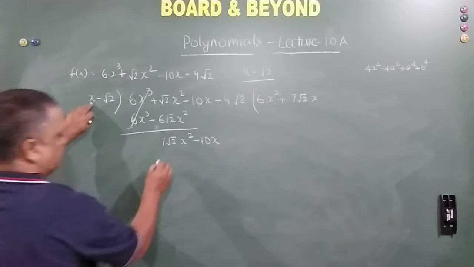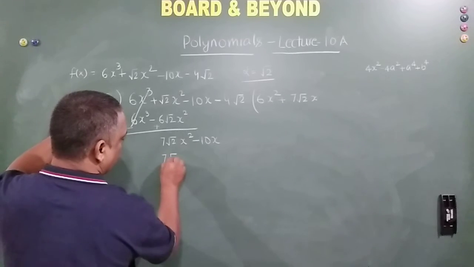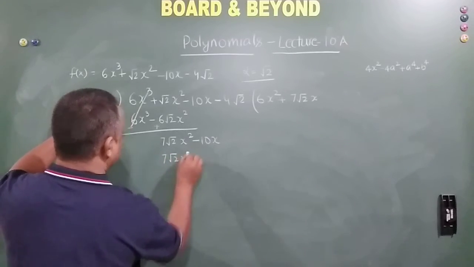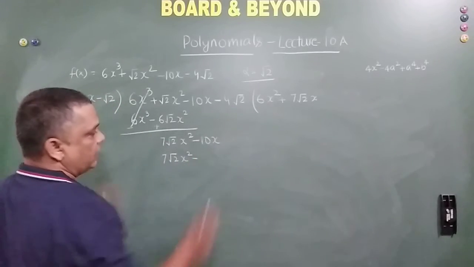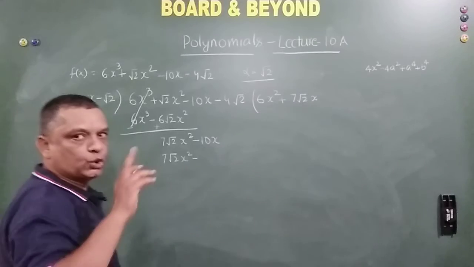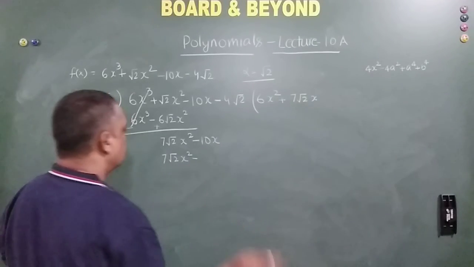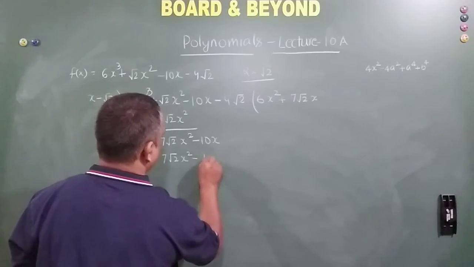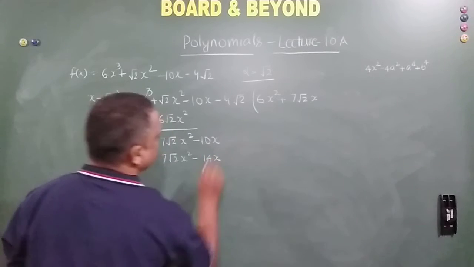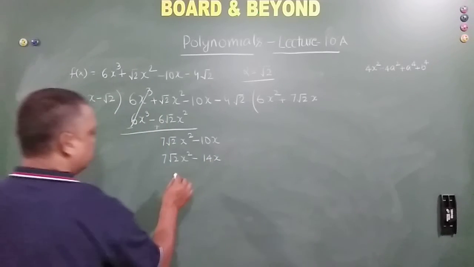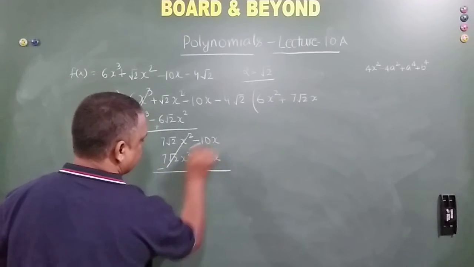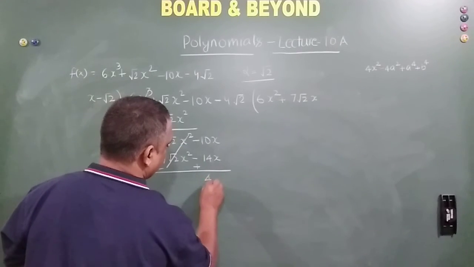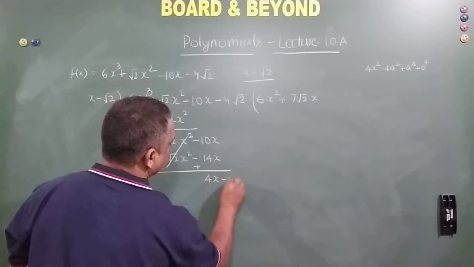So this leaves me with 7 root 2 x square minus 7 root 2 into root 2, which is 7 into 2, that is 14. So minus 14x. Minus plus cancels, and this becomes 4x minus 4 root 2.